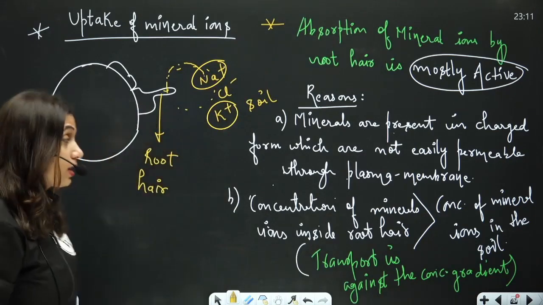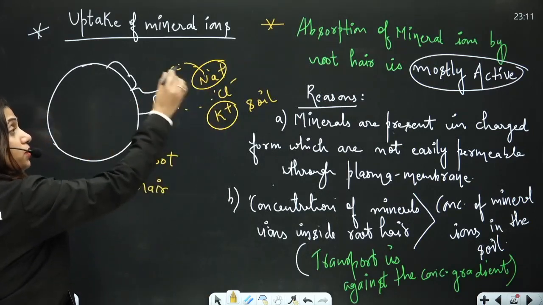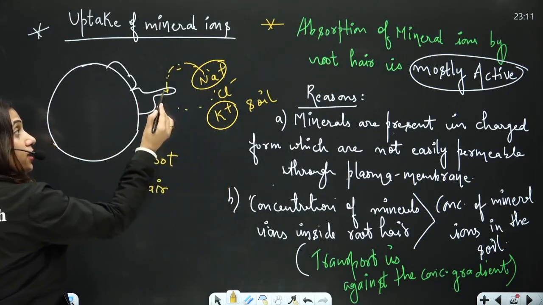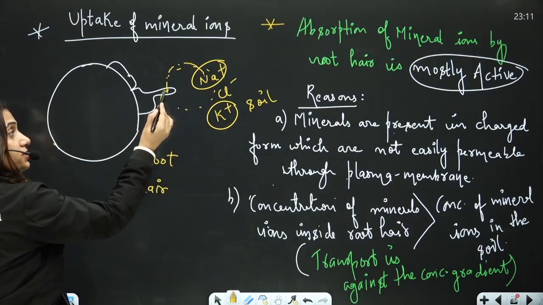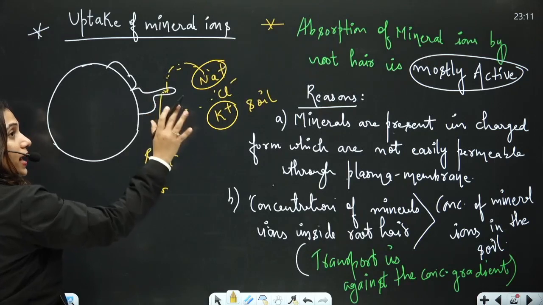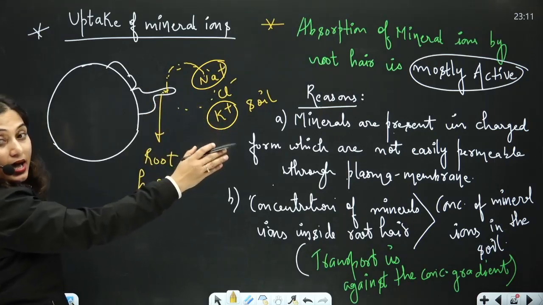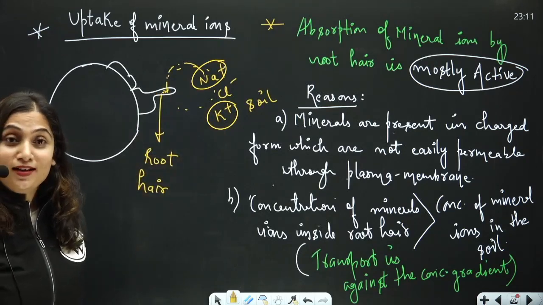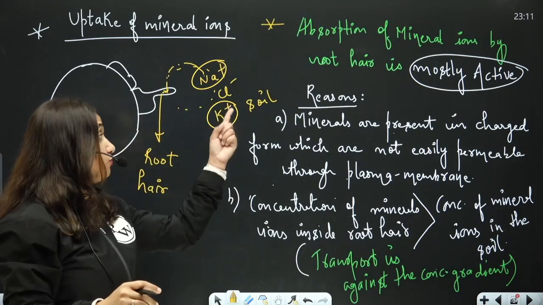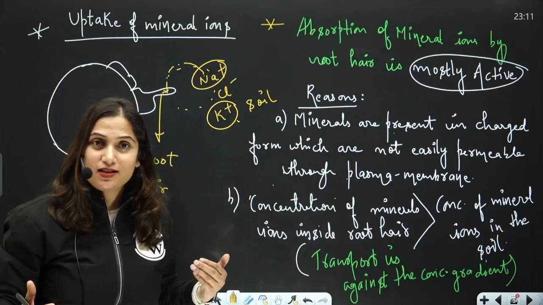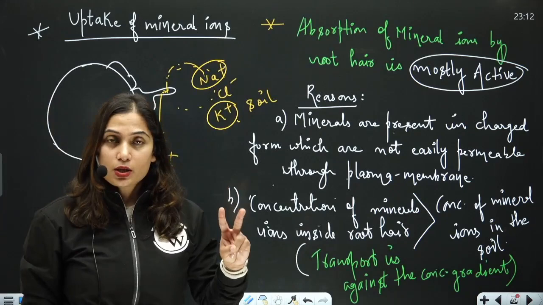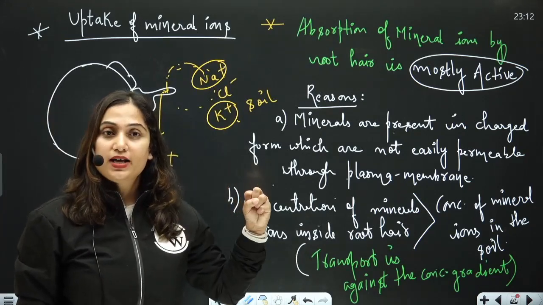Second, the concentration of the mineral ions in the soil is always less than the concentration of the mineral ions inside the root. That means if the mineral ions have to move from soil into the root, it has to be done from low to high concentration, that is against the gradient, and that is active. So remember, two reasons why the uptake of mineral ions is active.